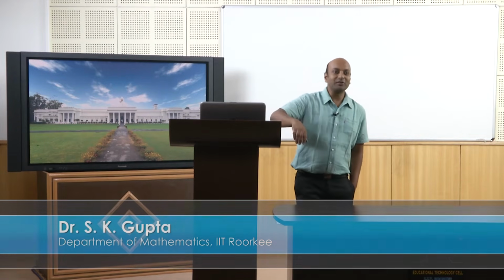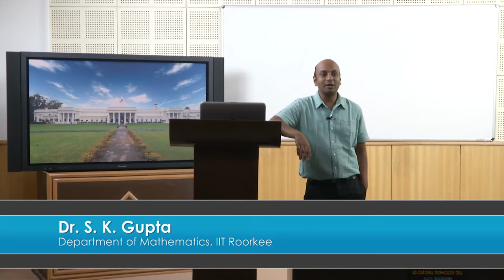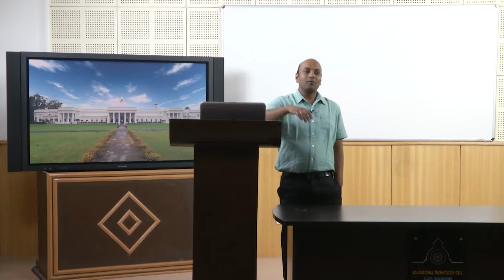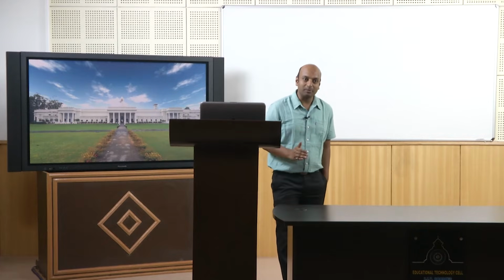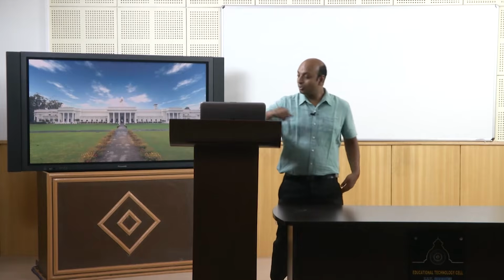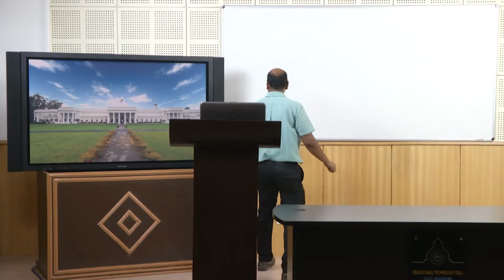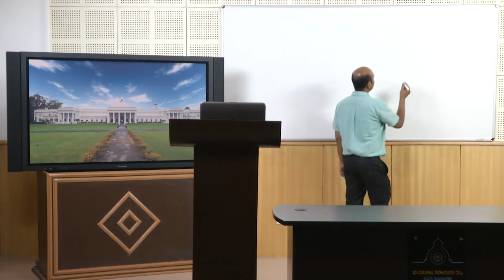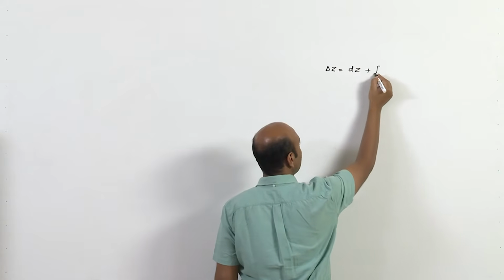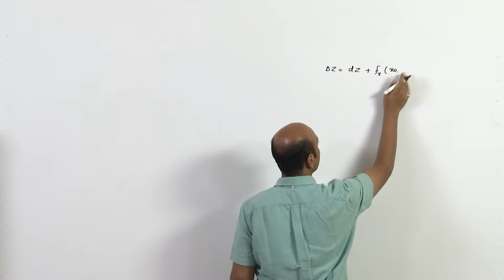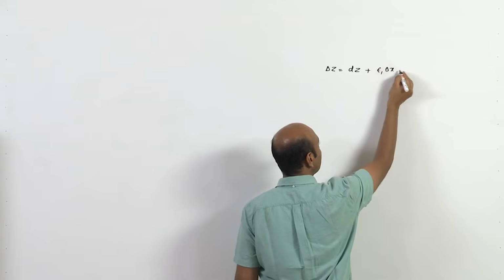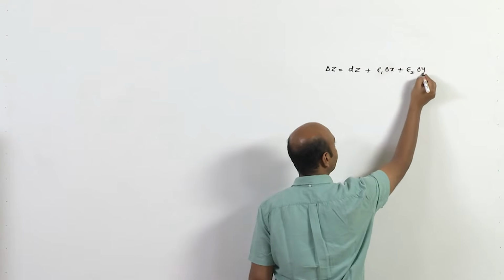So, we were discussing differentiability, that is, what we mean by differentiability of two-variable or more than two-variable functions. We have seen that for differentiability, existence of first order partial derivatives at that point is a necessary condition, and to prove whether a function is differentiable at a point or not, we have to show either delta z is equal to dz plus epsilon 1 delta x plus epsilon 2 delta y, where dz is fx at (x naught, y naught) delta x plus fy at (x naught, y naught) delta y.